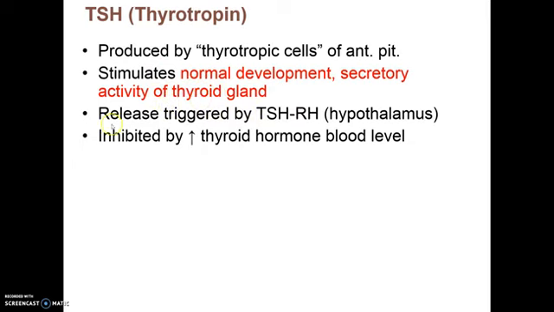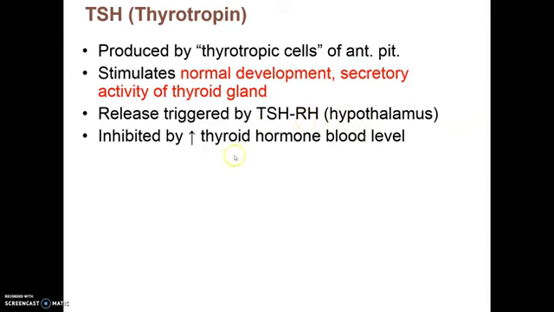The anterior pituitary release is triggered when the hypothalamus releases its releasing hormone in the anterior pituitary.